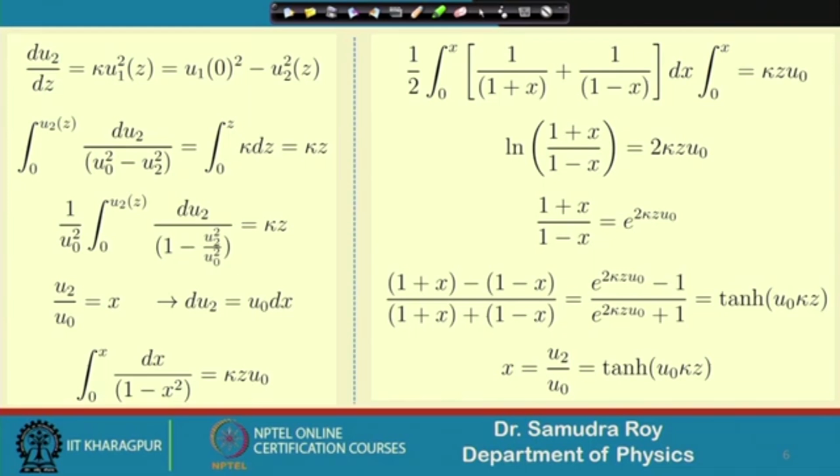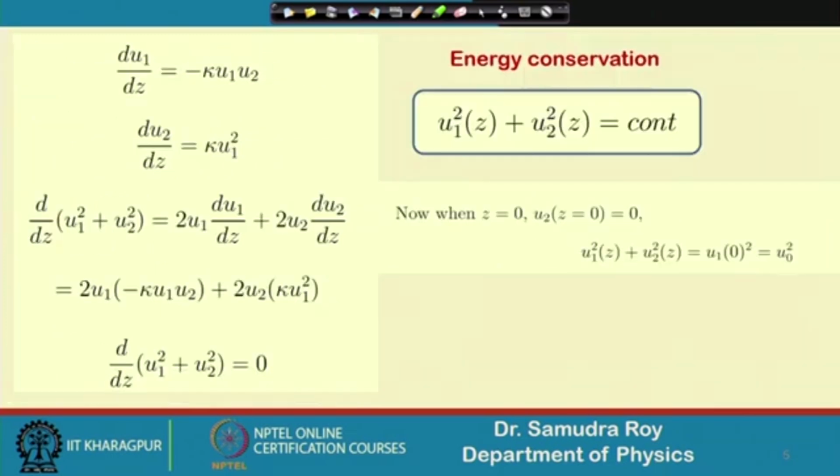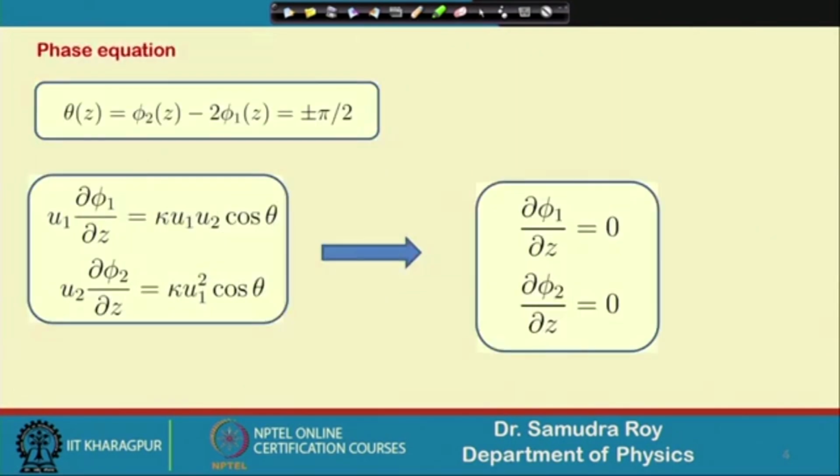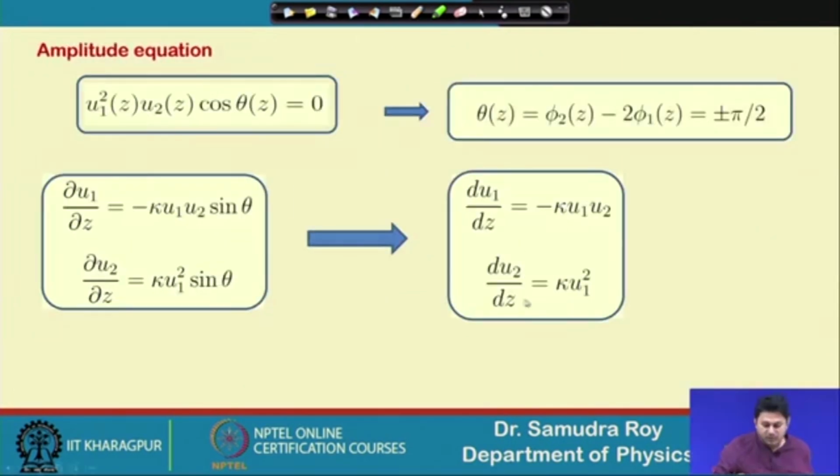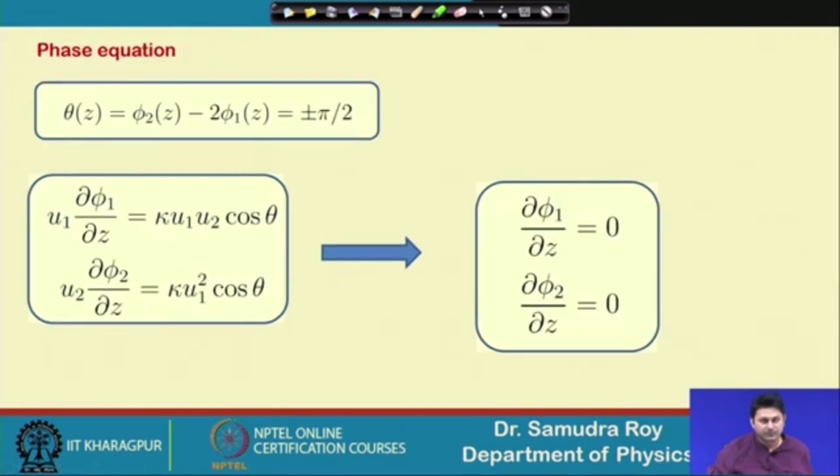So I need to solve this coupled equation, and there is a tricky way to solve it. From our previous slides, du2/dz is kappa u1 square. That we know.